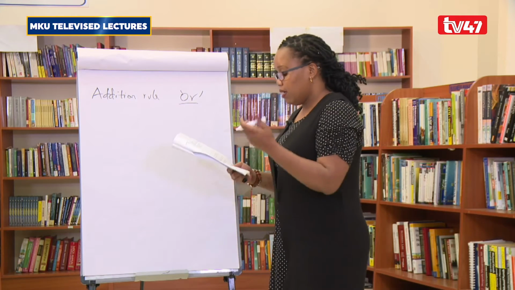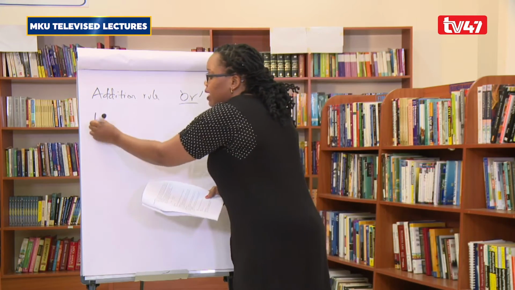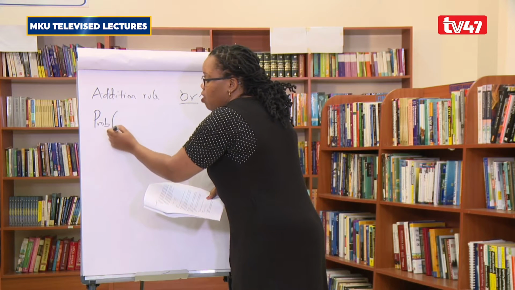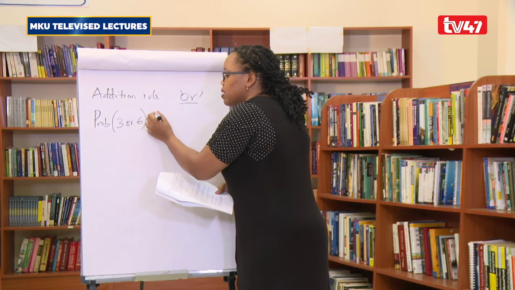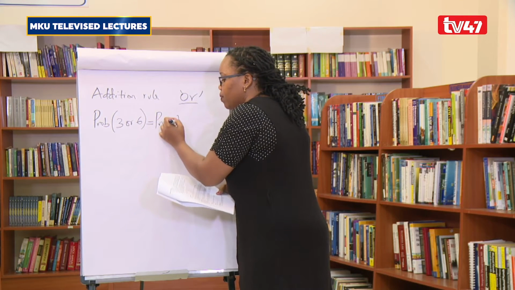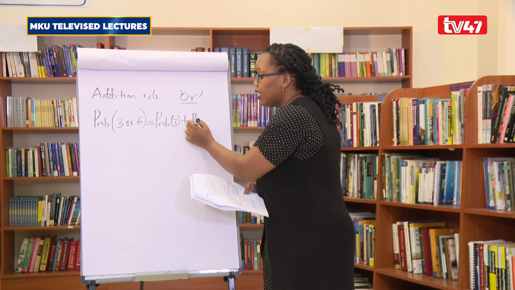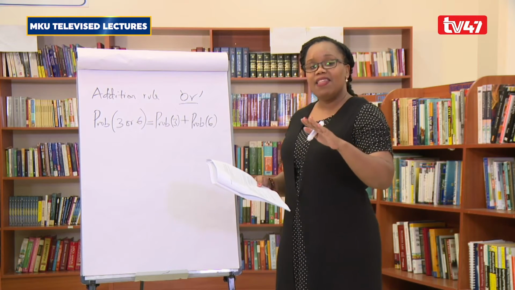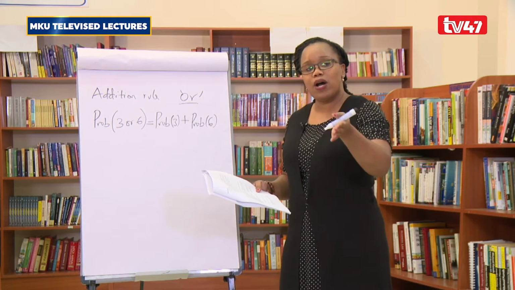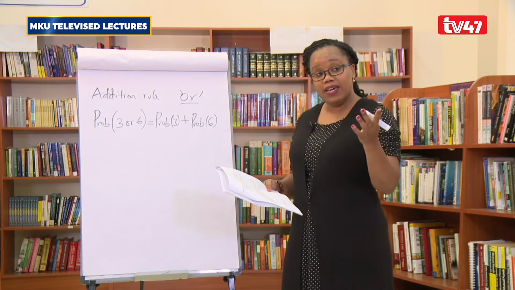Simply, since the conjunction or is used, what it's telling us is that the probability of throwing a 3 or a 6 is the same as the probability of 3 plus the probability of 6. Now remember, 3 is just a value representing one side of the die. 6 is just a value representing one side of the die.